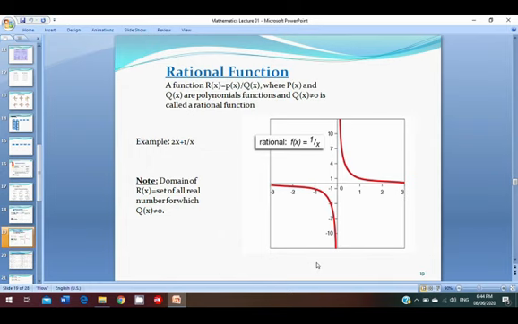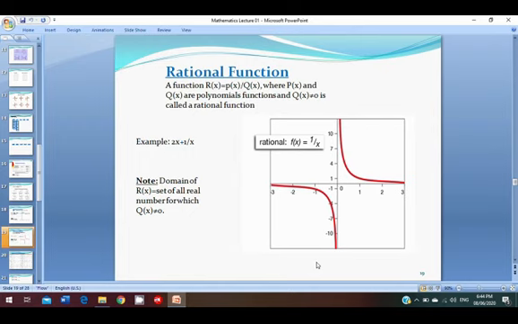Here I mean to say q of x does not equal 0 means all those points are excluded from minus infinity to plus infinity which give 0 in the denominator.